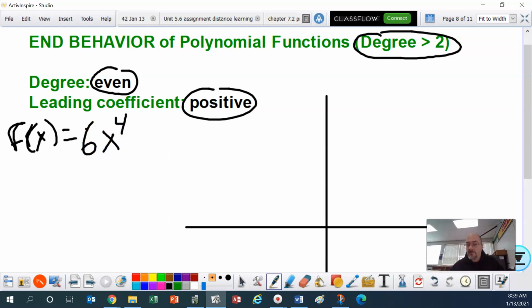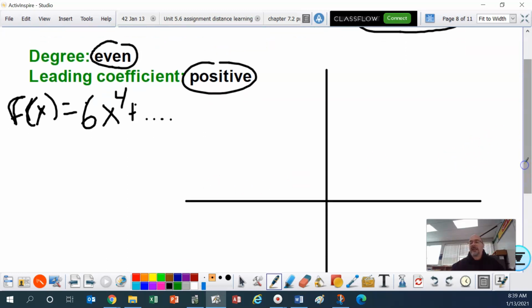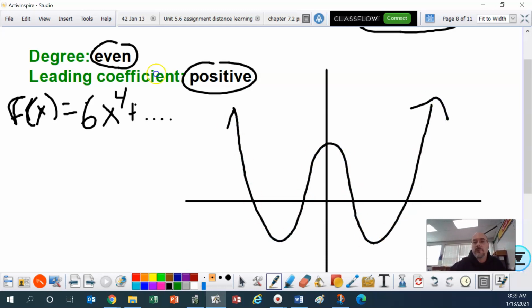Any positive lead coefficient with an even degree. And again, there could be all kinds of things behind that. Well, what is that going to look like? Well, that's going to look kind of like a W, but again, we don't care about the middle, but it's going to do something like this, folks. The middle might be a little bit different depending upon the polynomial, okay?